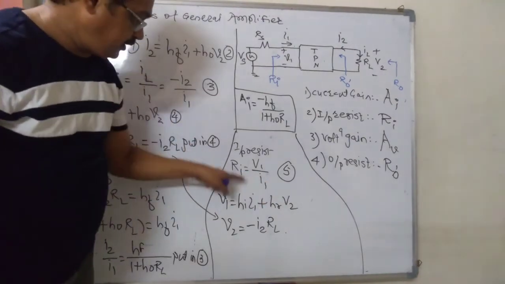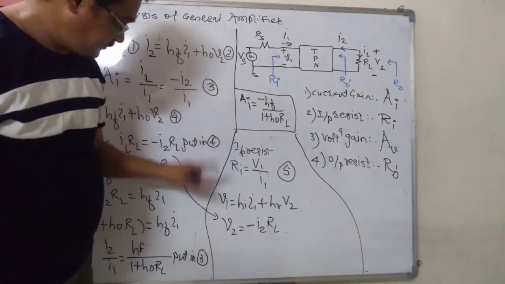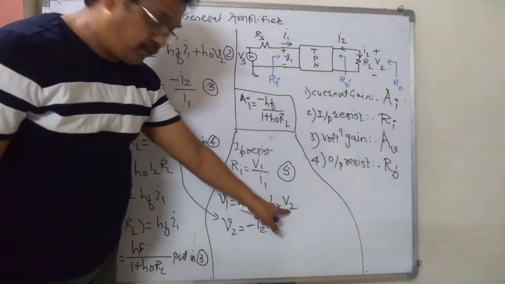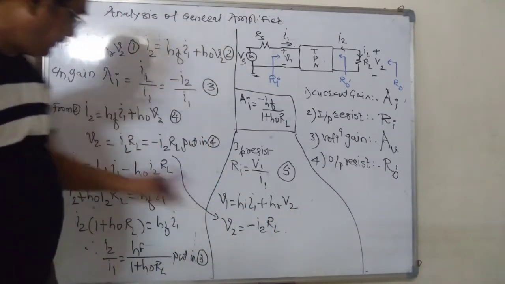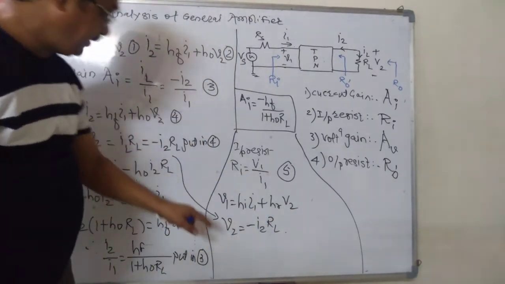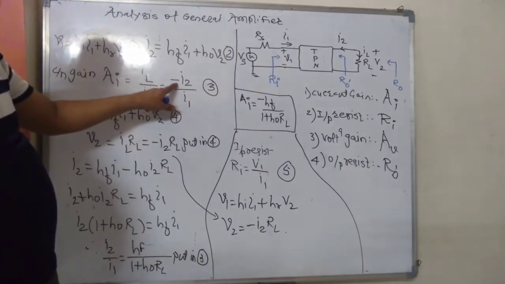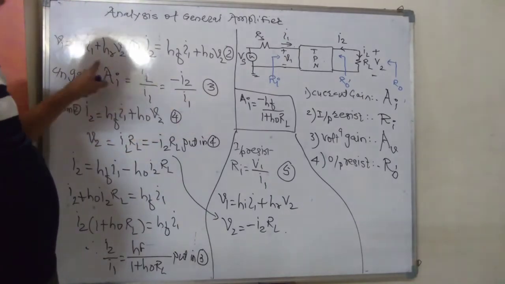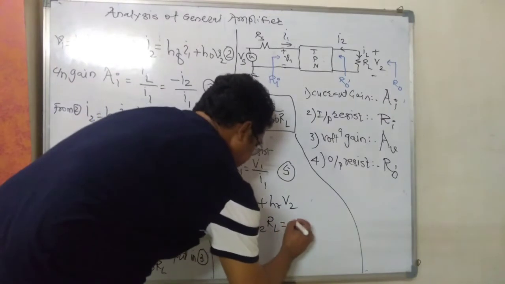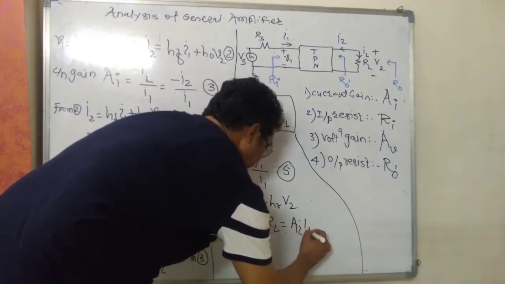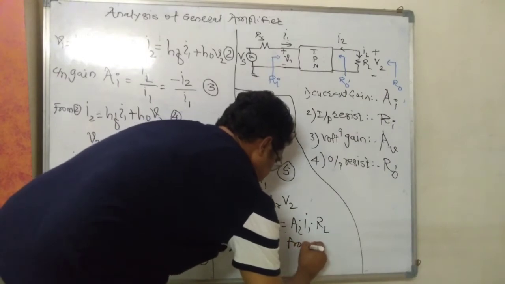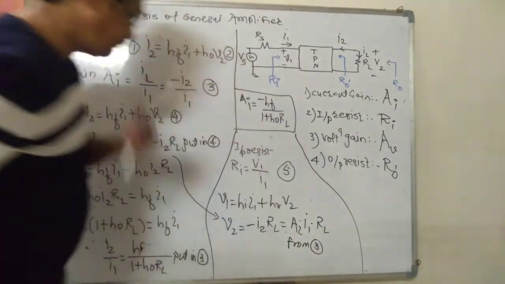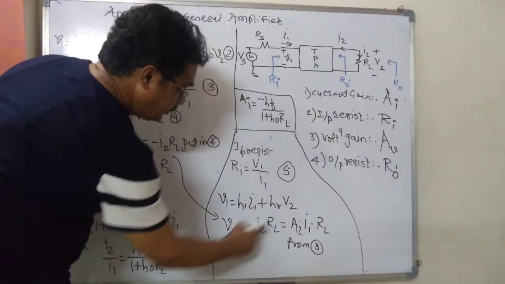Here we want terms of V_1 and I_1. We have to eliminate V_2 in terms of either V_1 or I_1. V_2 I have written as minus I_2 R_L, and from 3, minus I_2 is A_I into I_1 if cross multiplied. So it is A_I into I_1 into R_L. Put this V_2 here.